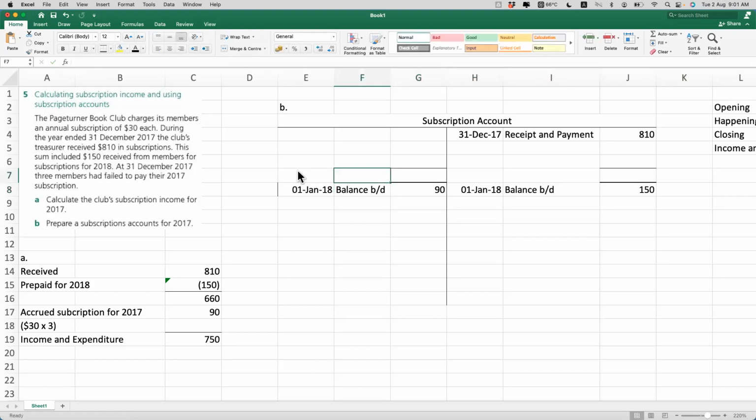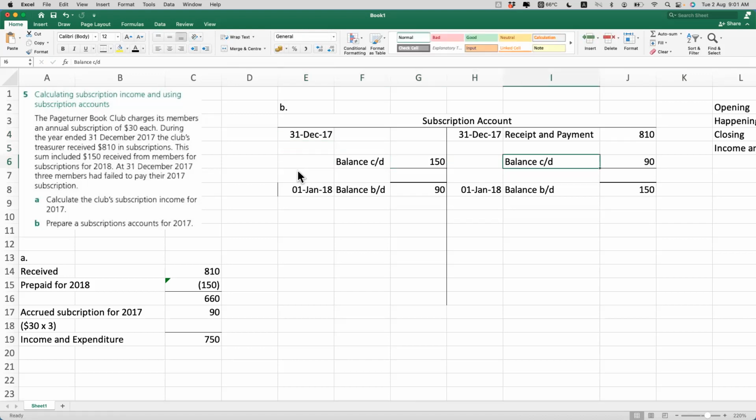So once you're done with that, you can actually, well, what I call throwing it back, where you put your balance carried down here, which is $90, and then your balance carried down here, which is 150. So you bring back your balances from next financial year and just put it here because it should be on the 31st of December 2017. So just leave it there.